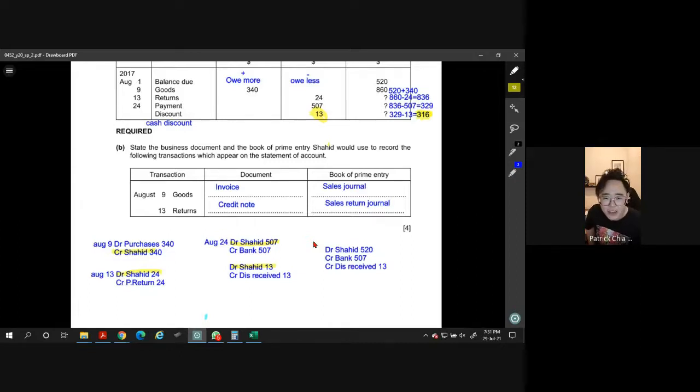Have you guys encountered a question like this, where they give you a statement of account, then ask how many percent this $13 is? Of course this question you should know. They like to test you on statement of account, so in past year papers you can see one of the questions they confirm ask something like this, how many percent is this? Do you all know how to do this reversely?